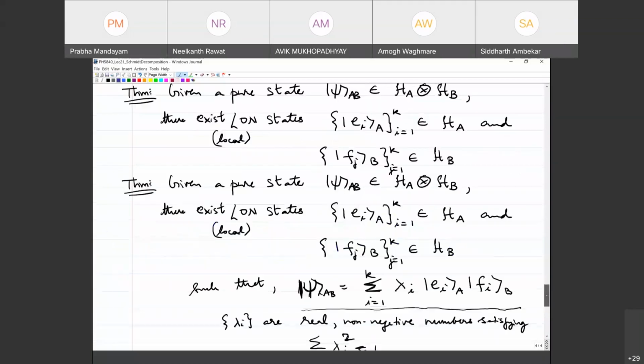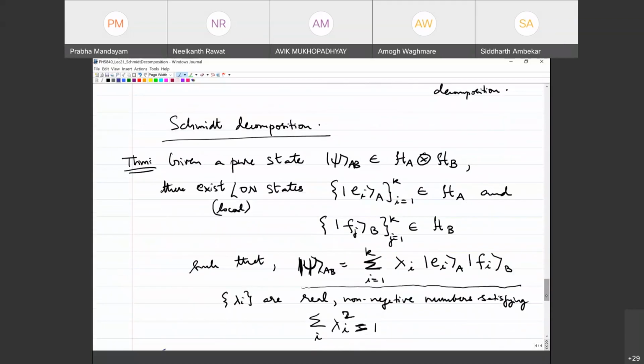It says that for every state, there must exist such a decomposition in terms of two orthonormal bases in A and B. Now, what is the key feature of this? Notice that the summation is only over a single index, right? When I write down a general description of a state in terms of two local bases, typically the sum will have two indices.